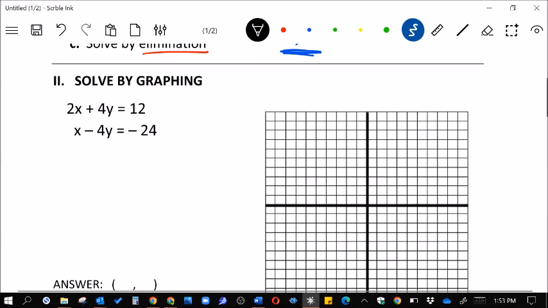I'm going to take this one and change it into slope-intercept form, 2x plus 4y equals 12. I'm going to subtract 2x from both sides. That's 4y equals negative 2x plus 12.